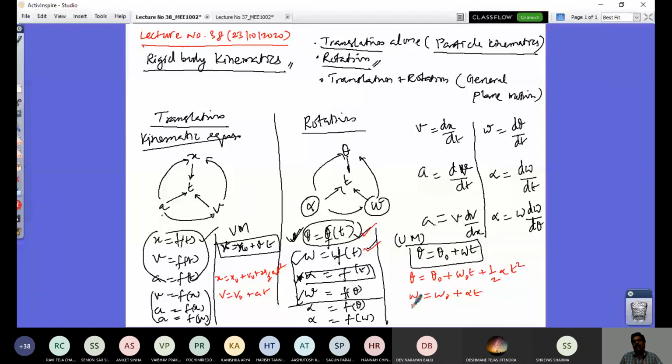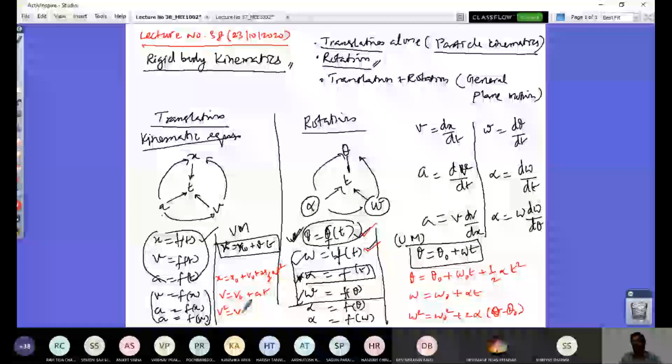It is the secondary motion equation. So omega is a function of theta, so that will be omega squared is equal to omega naught squared plus 2 into alpha into theta minus theta naught. So like you have written here, v squared is equal to v naught squared plus 2a into x minus x naught. That's all. So the same way you have these three equations.